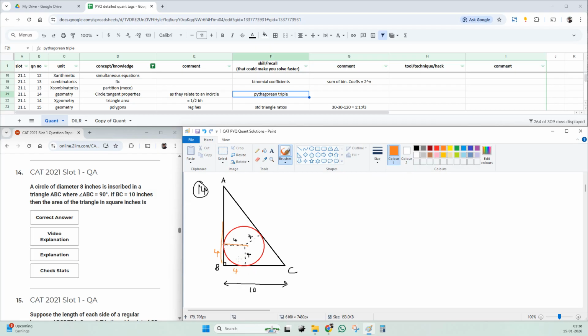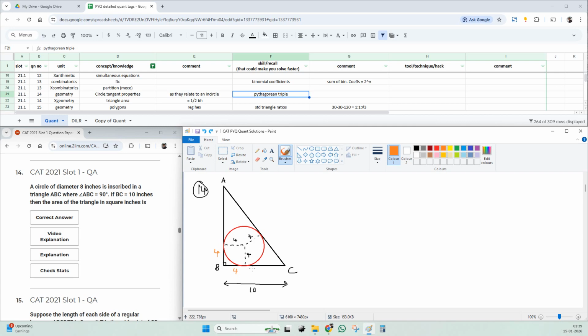This radius is perpendicular to this tangent, this radius is perpendicular to this tangent. So basically all four angles here are 90, so that makes it a rectangle. On top of that we have two adjacent sides are equal in length, which now makes it a square. So all of this is 4, all four sides are 4, and we have horizontal lines and vertical lines the way that I've drawn this.